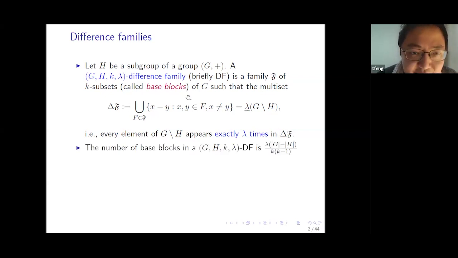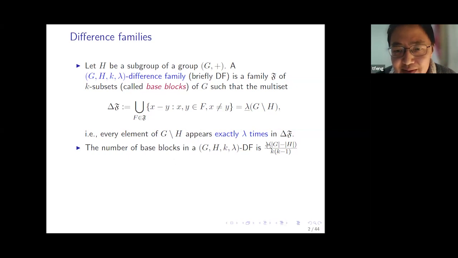To understand the concept clearly, we can count how many base blocks there are in a difference family. According to the definition, all of the elements in G minus H appear exactly lambda times. So when we count the total number of differences, the total is lambda times the size of G minus the size of H. Each base block, or each k-subset, contributes k times k minus 1 differences.